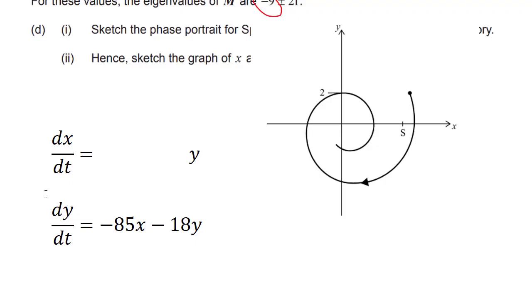Let's go back to the actual question. Here's the differential equation. It told us that A and B are 85 and 18 for this part. And so here's my differential equation. I know my starting point is 5, 2. So if I put that y coordinate in here, 2, then it's telling me the speed in the x direction is a little bit to the right.